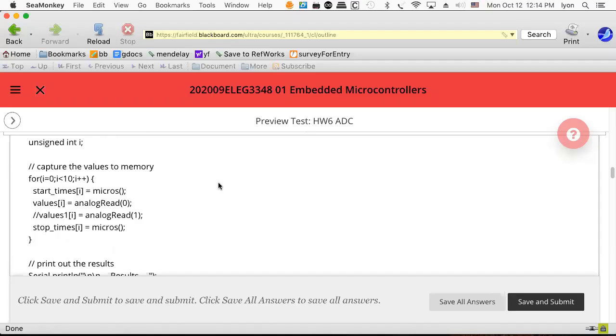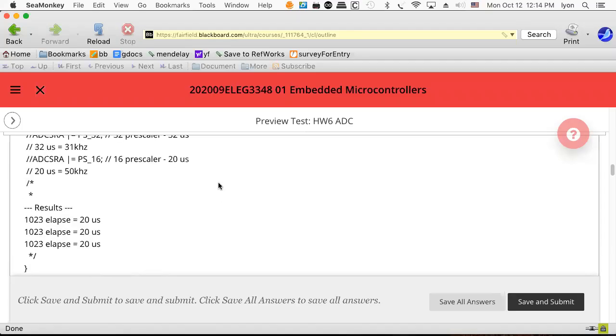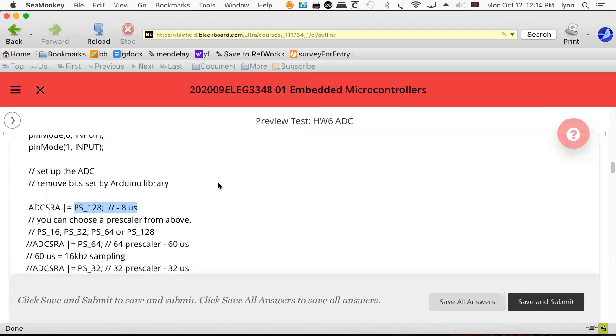Professor, how did you get 8 microseconds again? So here's what you do. If you have 16 megahertz and you divide through by 128, that's your prescaler.